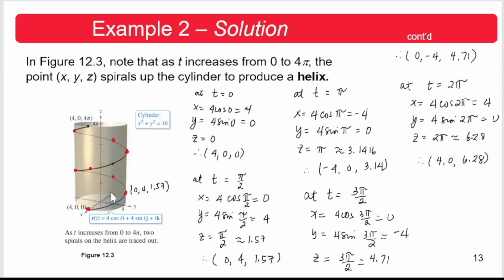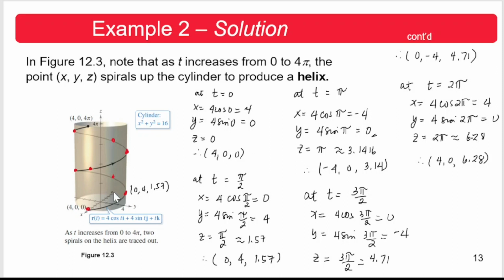Okay? At t is equal to pi, so that's 180 degrees from the positive x-axis, meaning on the negative side of the x-axis. Since the x-coordinate is negative 4, you scale 4 units along the negative side of the x-axis. So this is negative 4, then 0 for y. And then for the z coordinate, that's 3.1416.